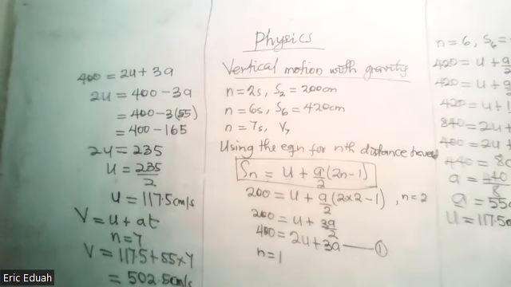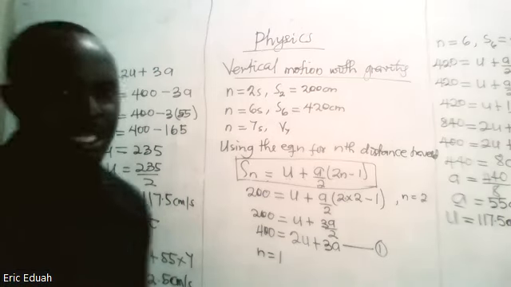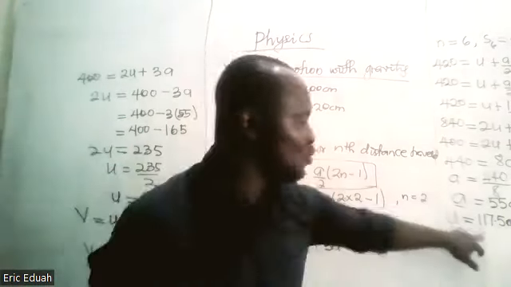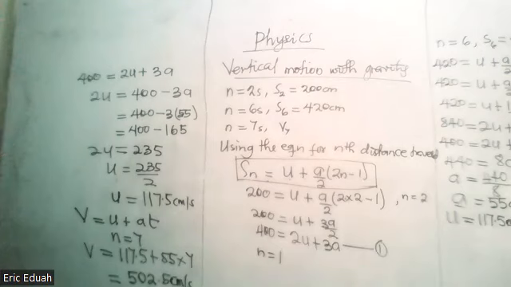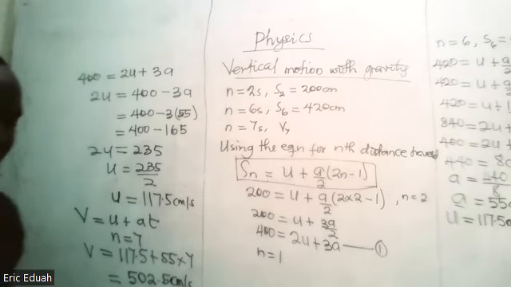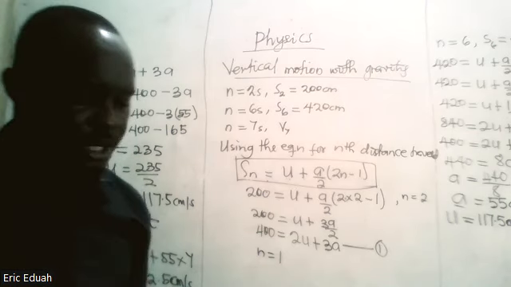From the start, it means when our initial velocity is 117.5. So let's say in the question we were given the initial velocity as 0. No, the question did not say from rest. Please listen to the question.